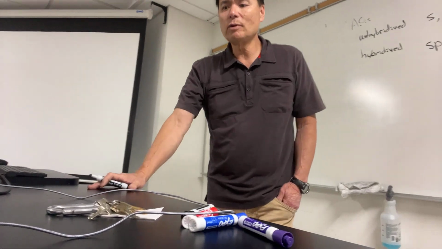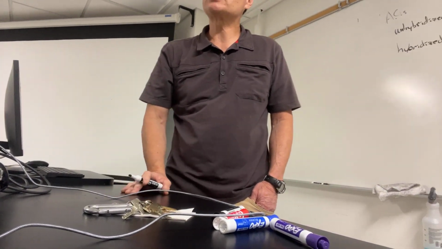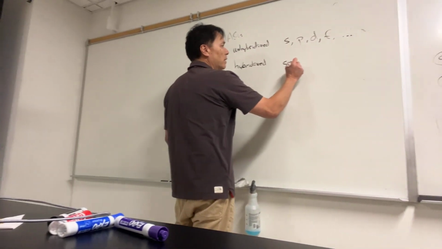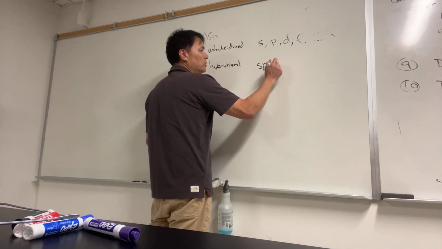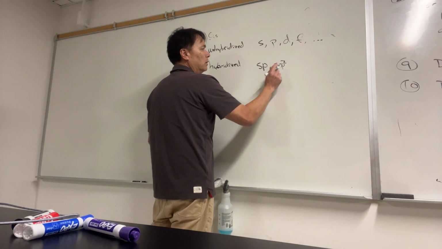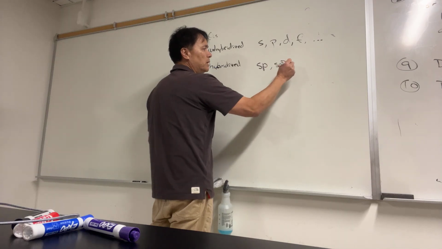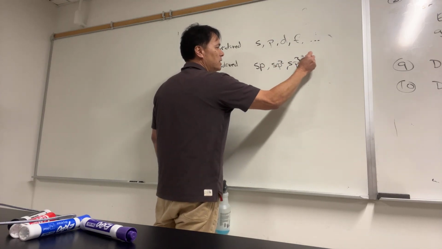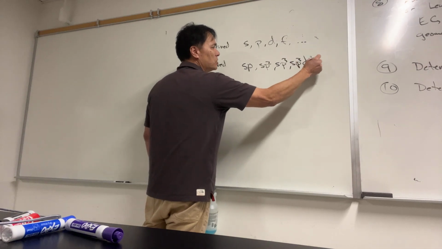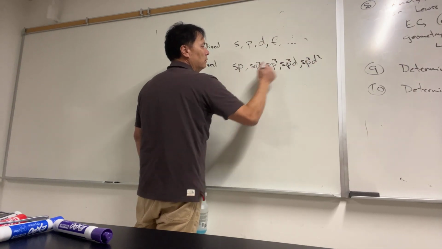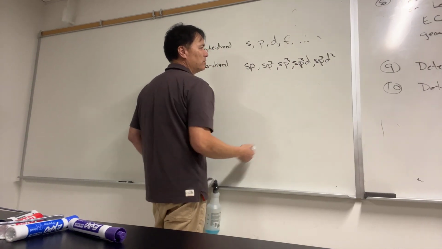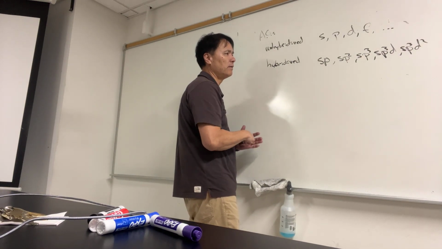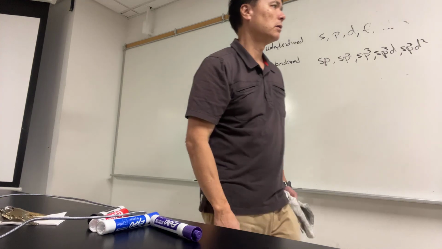This is similar to what we do when we generate the resonance hybrid from resonance forms. We have sp, sp2, which is one part S, two parts P, sp3, sp3d, sp3d2. These are the five different hybridized atomic orbitals. There are more, but these are the five main ones that we look at.